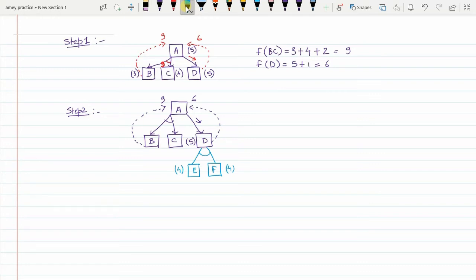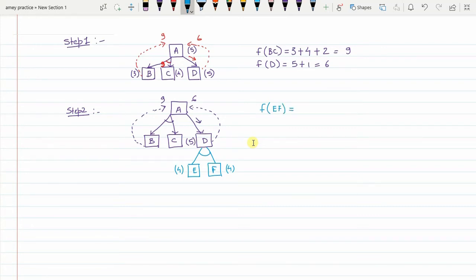Now since there is an AND arc, we have to calculate the F value for this AND arc, and then see what value is backed up to D and then to A. So we find out what is F of the arc EF.